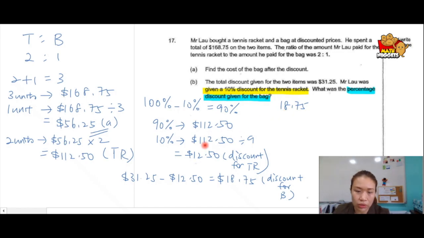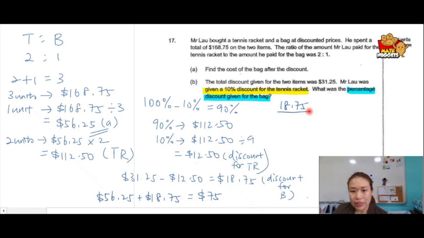First we need to find the original price of the bag. The bag cost $56.25 after the discount. So $56.25 plus back the discount, $18.75, the original price of the bag is $75.